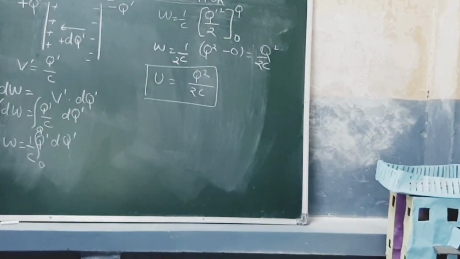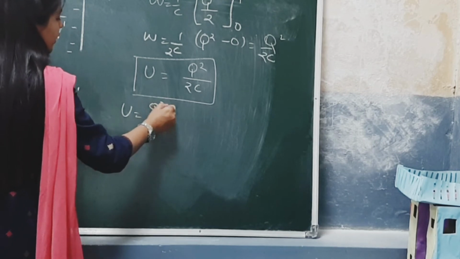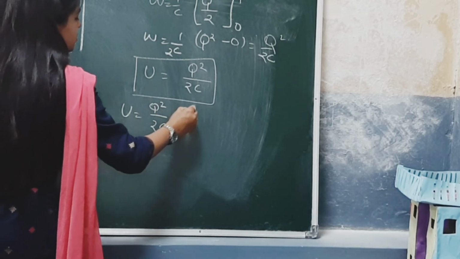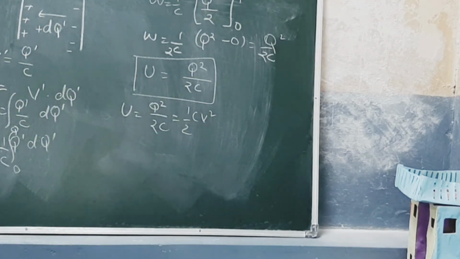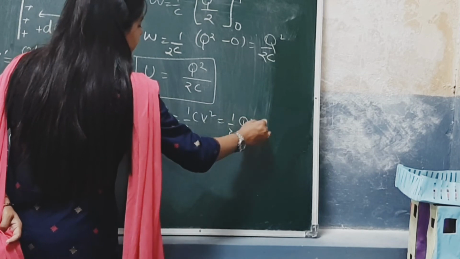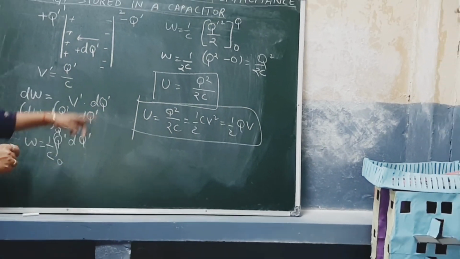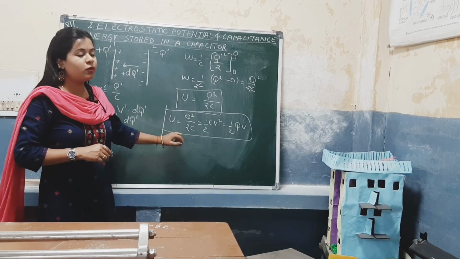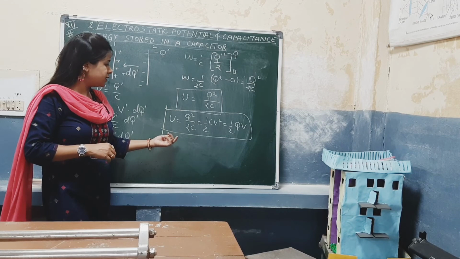U is equal to Q square by 2C, U is equal to half CV square, and U is equal to half QV. You can use these formulas for energy stored in a capacitor in your numericals and easily find their answers.